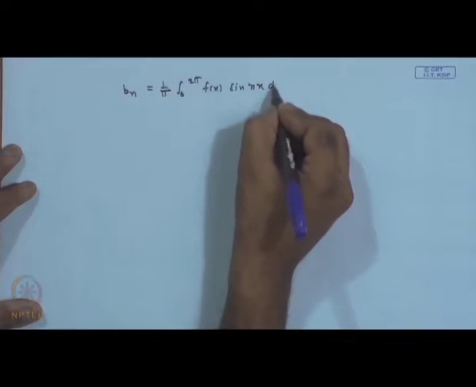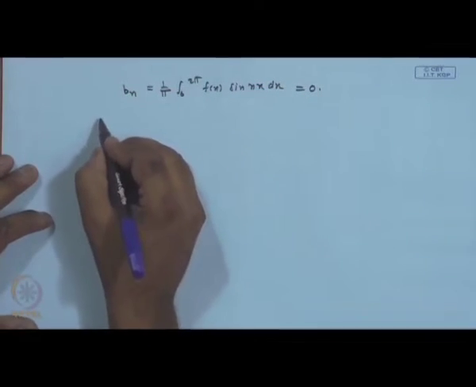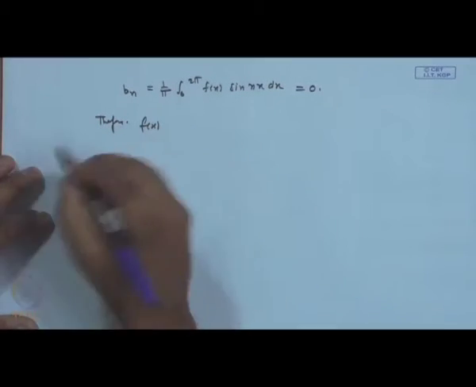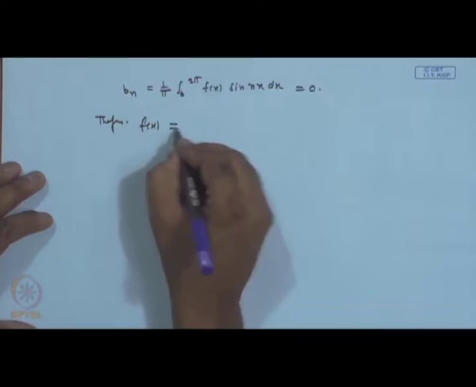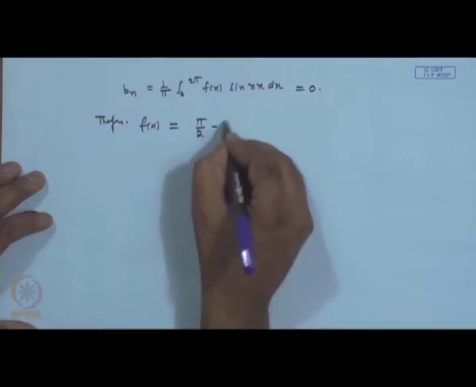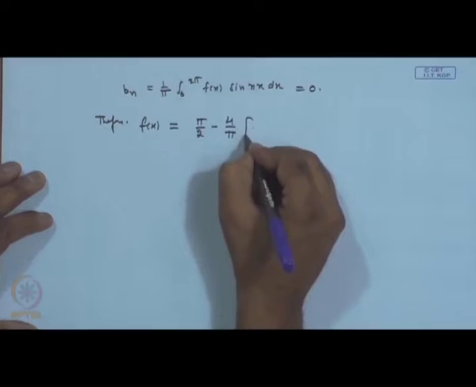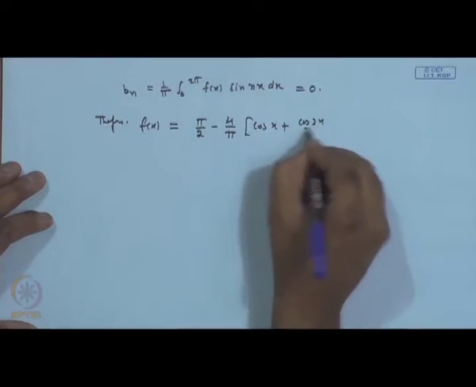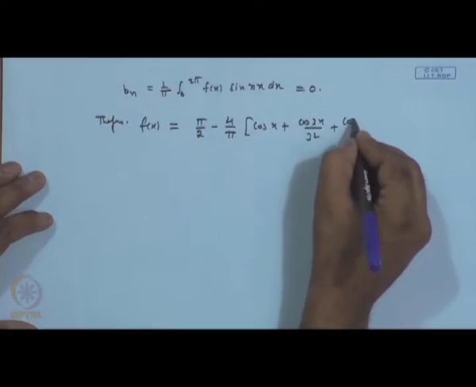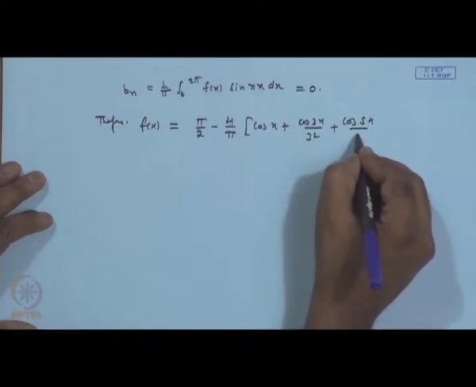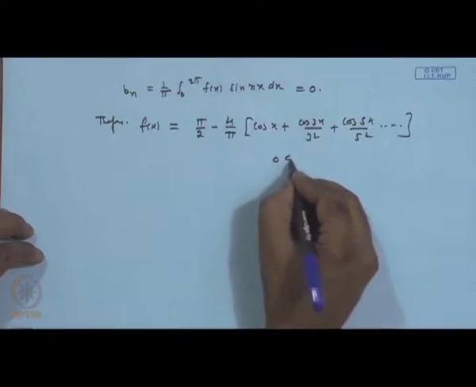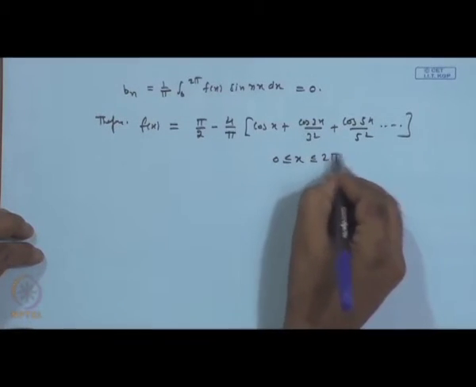The integral of f(x) sin nx dx will be 0, and therefore we have f(x) equal to pi by 2 minus 4 over pi times (cos x plus cos 3x over 3 square plus cos 5x over 5 square and so on), and our x is from 0 to 2 pi.